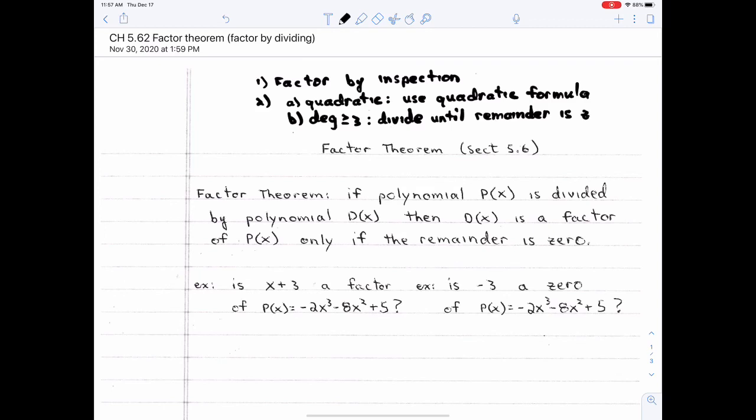Okay? So let me point out to you something. And by the way, just so you know, by quadratic, of course, I mean that its degree is equal to 2. Okay. If you've got degree 3 or greater, what do you do?